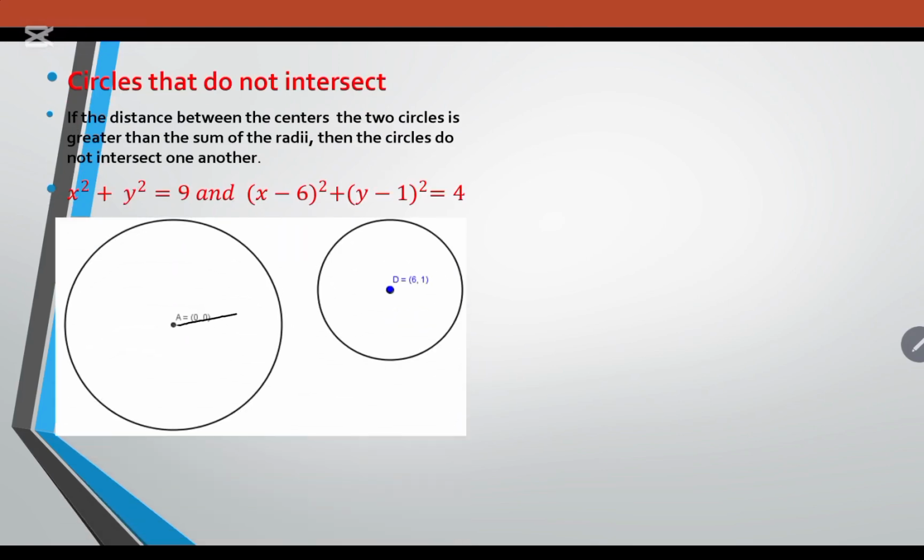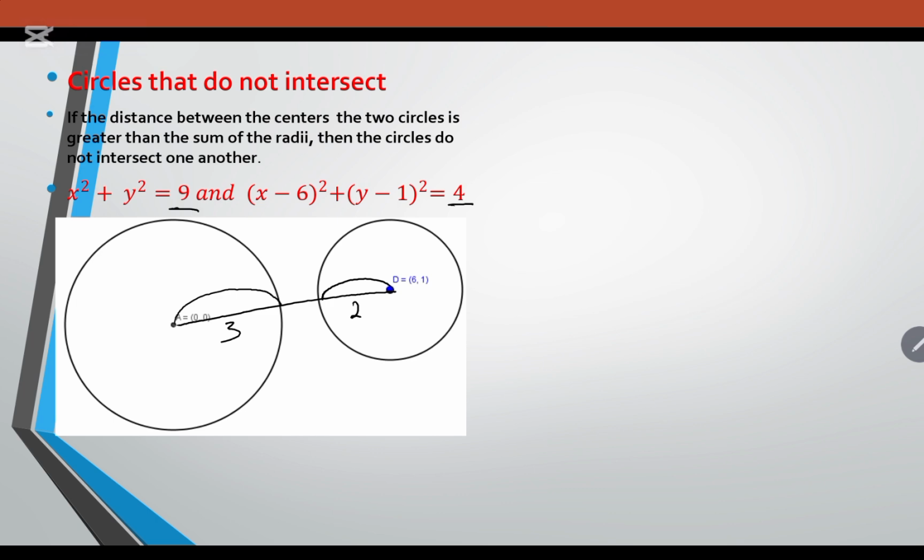If the distance between the centers A and D is bigger than the sum of the radii, therefore these two circles don't intersect. Now from here, the radius of the circle centered at the origin is 3, since r² is 9, and the radius of the smaller circle is 2.